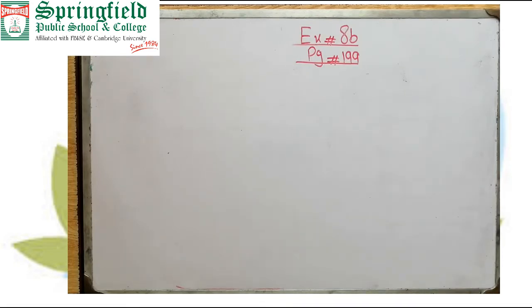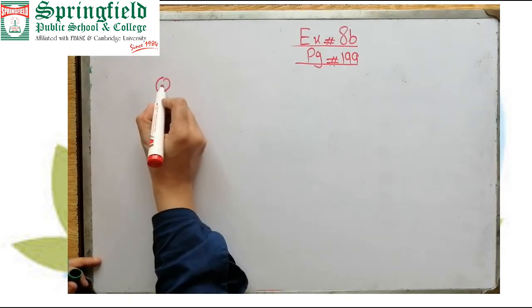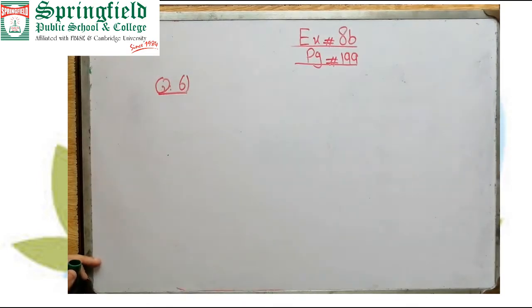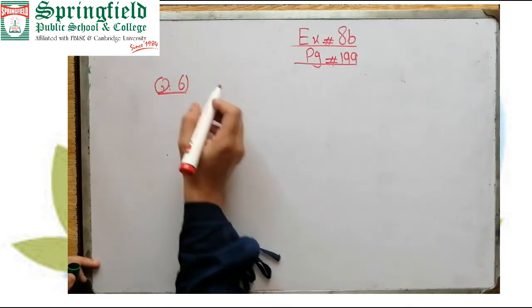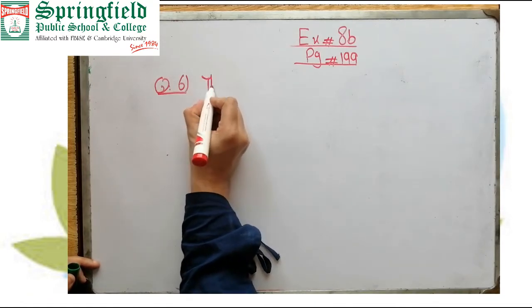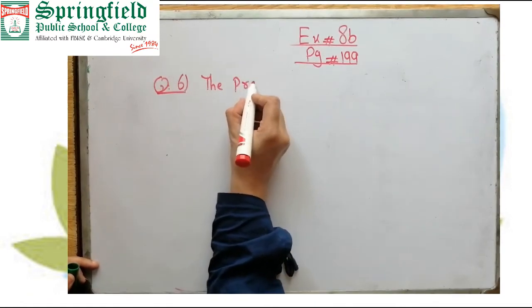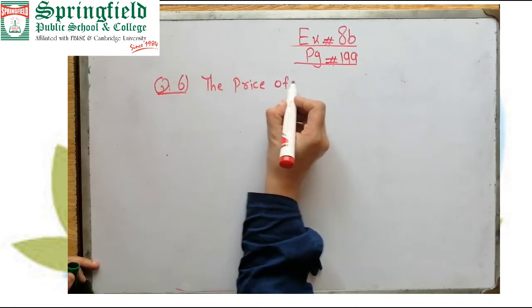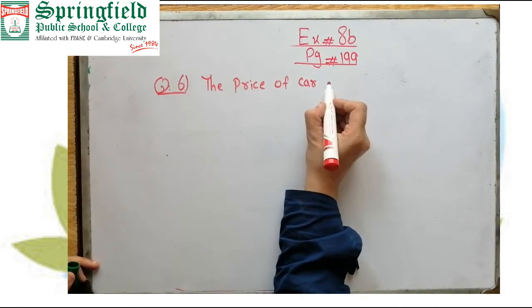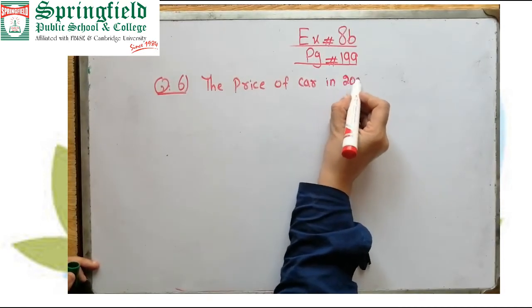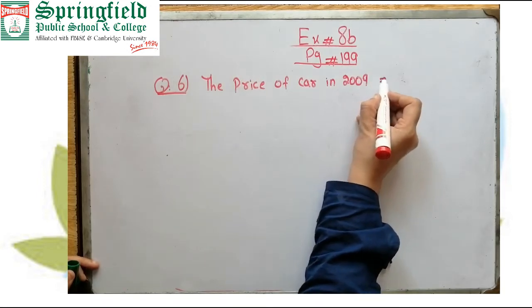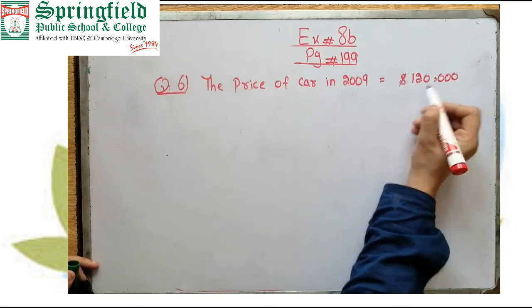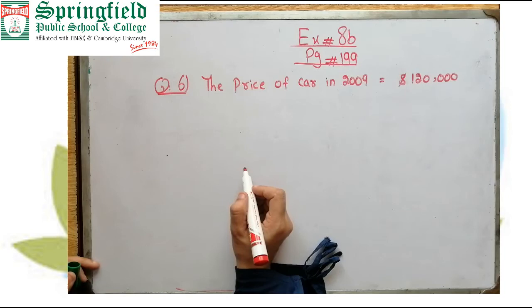So beta, we are doing question number 6. First we will write the price of the car in 2009 is equal to $120,000. Then the value decreases.